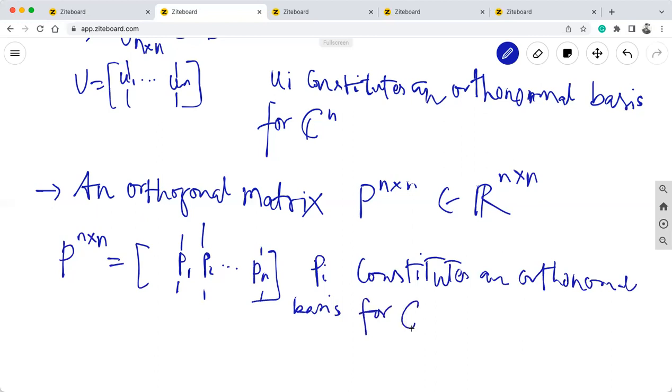So this is the real vector space, and that was the complex vector space of dimension so and so.